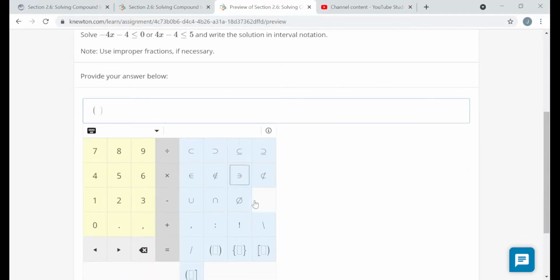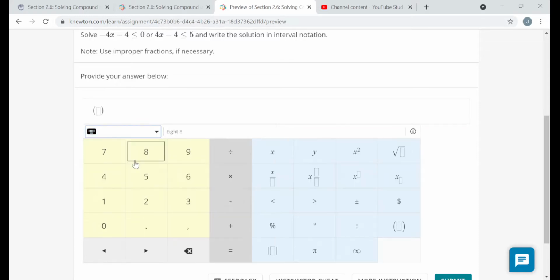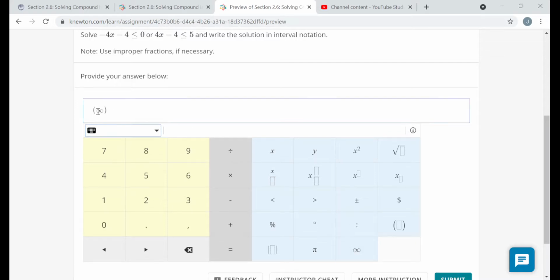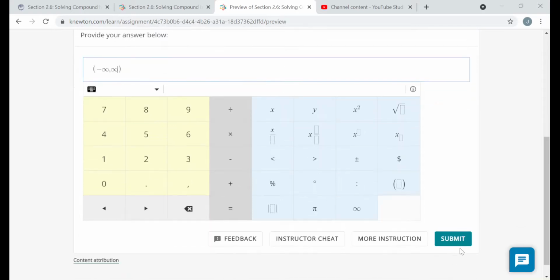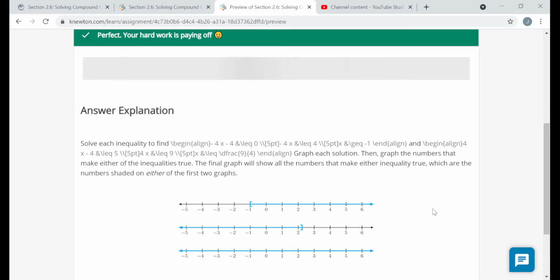Now there's no infinity symbol here. So that means I have to change the keyboard to basic, where I'm seeing infinity. Oops, I forgot the minus sign. Minus infinity. Then comma, and then positive infinity, and then close the parentheses and submit. The parentheses are already there. Wonderful.